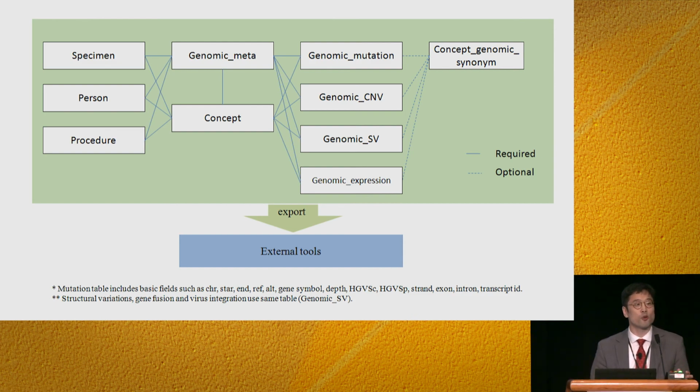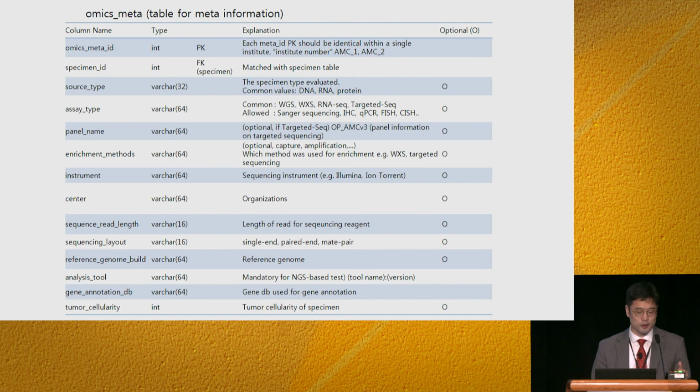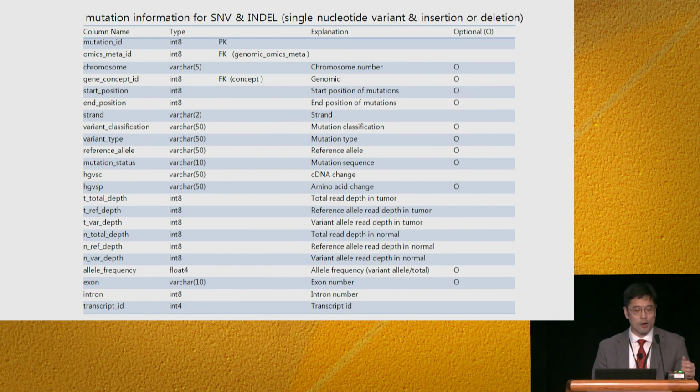With these 4 tables, we thought we would be able to address all these various statuses of genomic data. As you can see, we built a DB, and the important thing was that the specimen was in the center, and everything was centered around that. I won't go through every line of these tables, but they were basically about how we're going to get the data. As you can see in the last column, we put in optional.